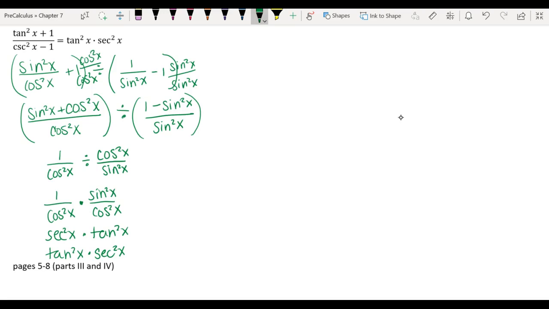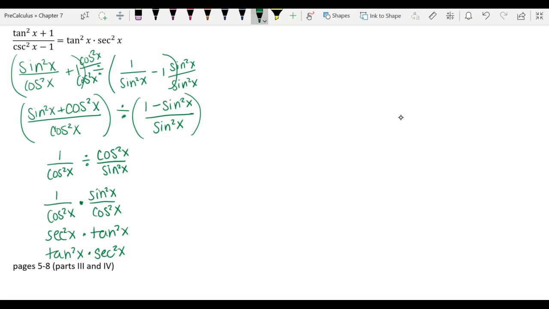So if you do get to a point where you can say, oh, it matches this, you don't have to rewrite it. You don't have to do the easy stuff if you can see which one it ends up equaling. And it'll follow the process of change it to sine and cosine versions. Once you get it to sine and cosine versions, find common denominators. Once you find common denominators, see what you have to change to get it to that other side.